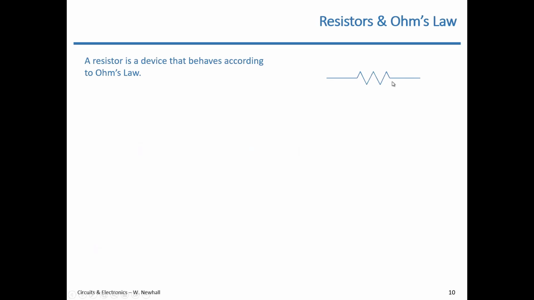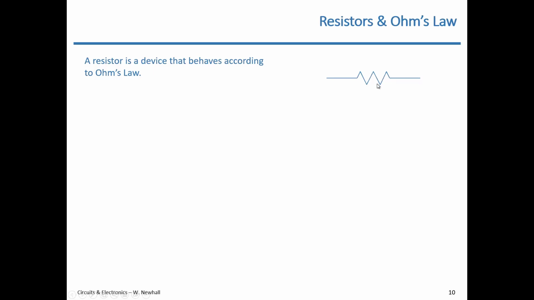But actually, other circuit elements and devices can behave according to Ohm's law. For example, a speaker within a certain range of audio frequencies largely behaves like a resistor, or the input to a radio receiver, when it's designed well, largely looks like a resistor. It obeys Ohm's law.